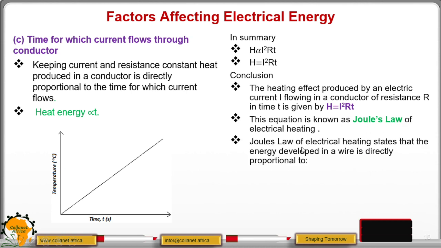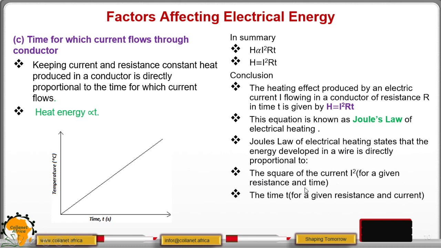Joule's law states that the energy developed in a wire is directly proportional to the square of the current for a given resistance and time, the time for a given resistance and current, and the resistance R of the wire for a given current and time.